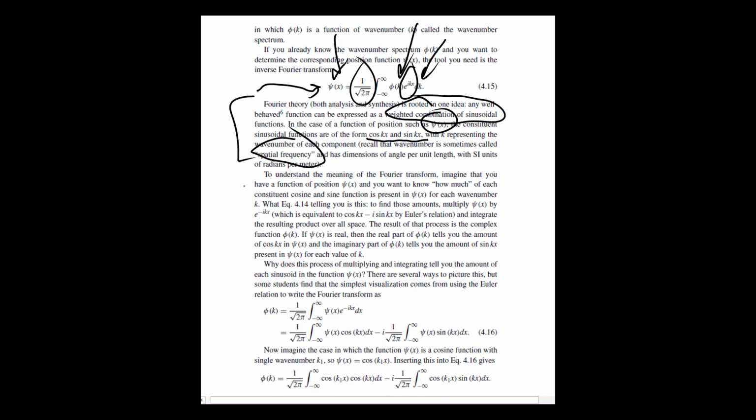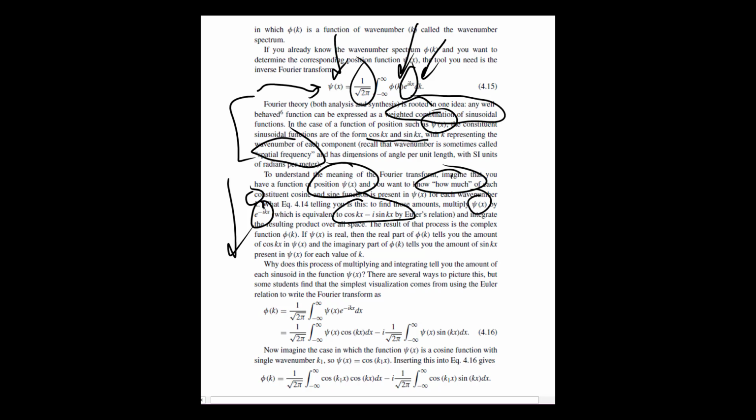So to understand what the Fourier transform is telling you to do, think of it this way. You've got a position function ψ(x), and you want to know how much of each sine or cosine function, sin(kx) or cos(kx), is present in ψ(x) for each wave number k. What the Fourier transform tells you to do is to multiply ψ(x) by this e^(-ikx) factor, and I think it's helpful to think of that as cos(kx) minus i sin(kx) by Euler's relation.